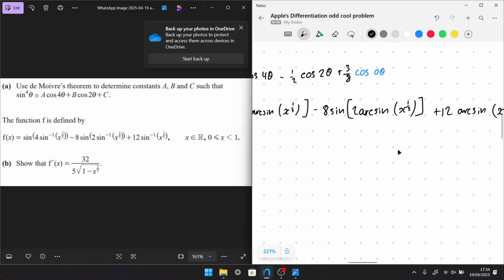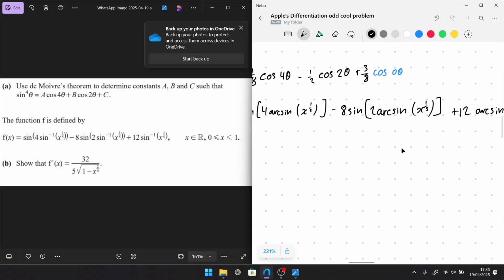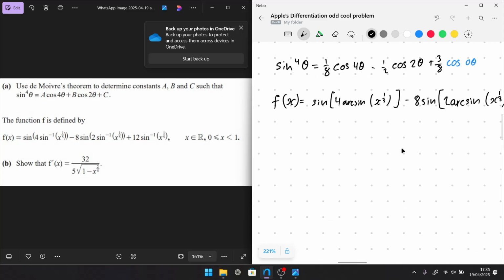This is me doing it raw, by the way. I haven't done it. But basically, you're going to start off by letting, because we don't want to be doing this the whole time, u equal x to the 1 over 5. We can do du and stuff later. But for now, I'm focused on this.